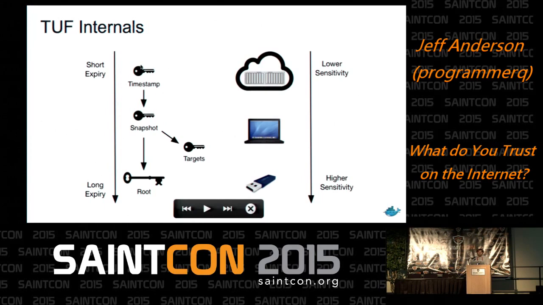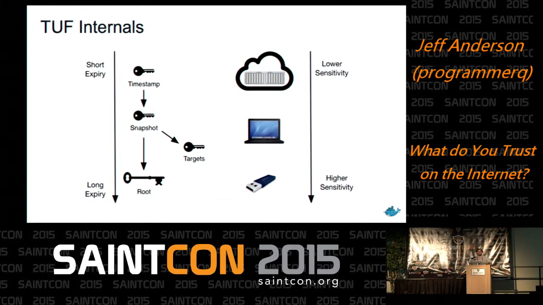And then the timestamp key, that's potentially going to live on the actual reference repository that is accessible on the public. This timestamp key's role is to guarantee freshness of the metadata. Anything that is signed by the snapshot and targets key, the timestamp key will sign it and say, hey, as of this time, it is valid.